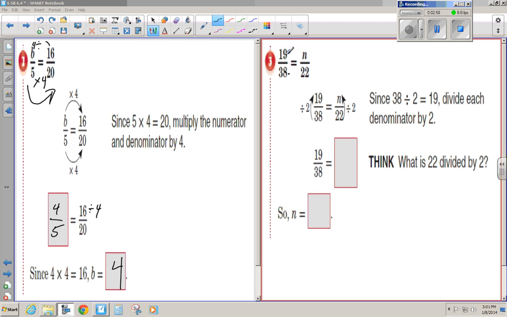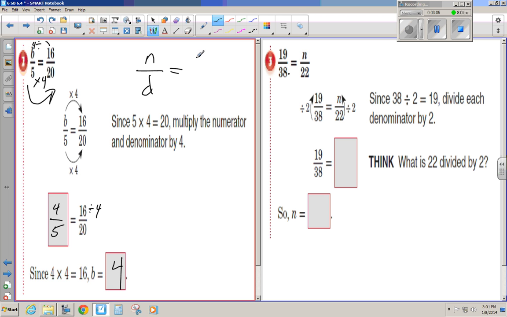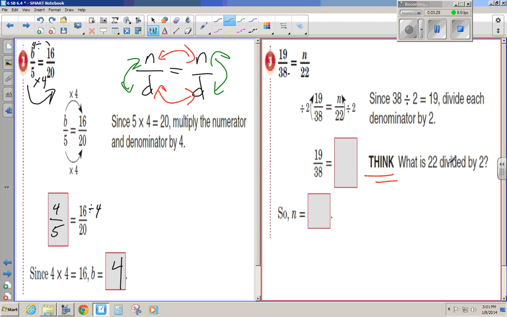But what you can do is recognize that not only can you go from numerator to numerator and denominator to denominator, but you can also compare the fractions themselves. So 19 and 38. Well, if you divide 38 by 2, you get 19. So think, what is 22 divided by 2? 11. So n is 11.